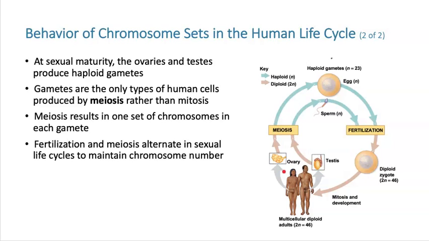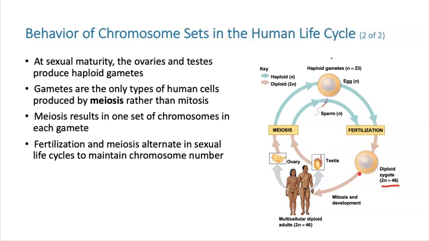But we go through the process of meiosis at the level of the ovaries. And once meiosis happens, our eggs are haploid and our sperm is haploid. And it's not until fertilization happens that we get the diploid zygote, where we have 46 chromosomes, or 2n. Our diploid number is 46.